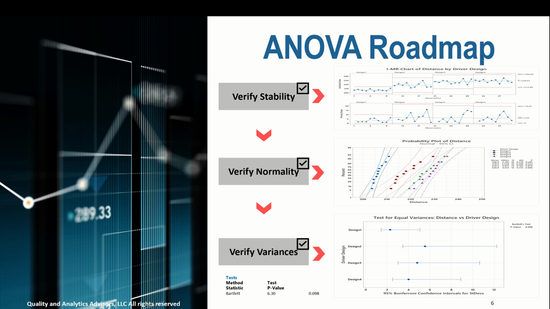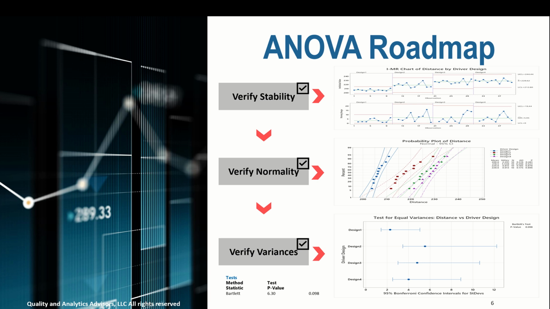These are the steps that we took to verify the stability, normality, and variances of this data. It is not the topic of this particular training to show you how to do that.